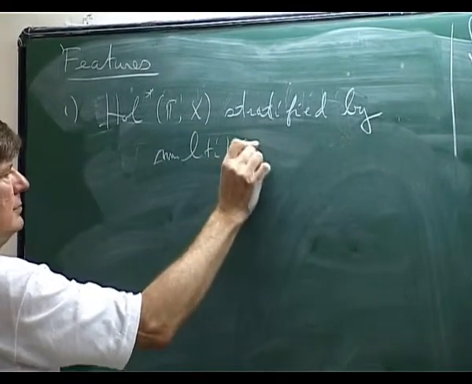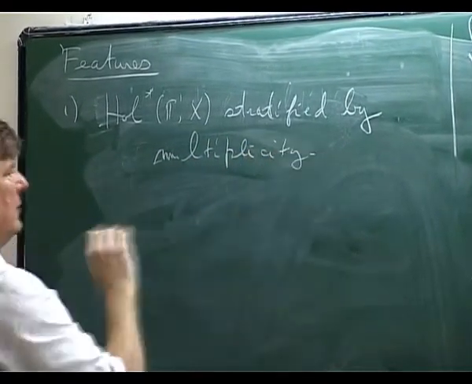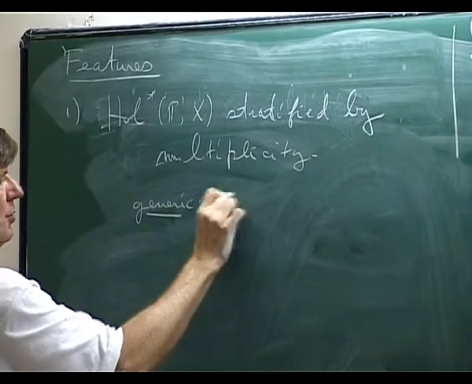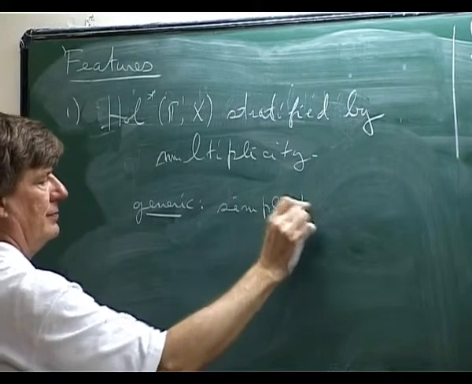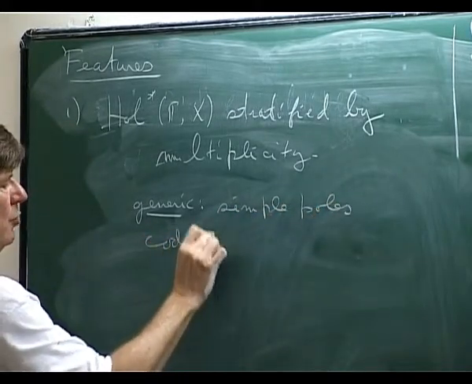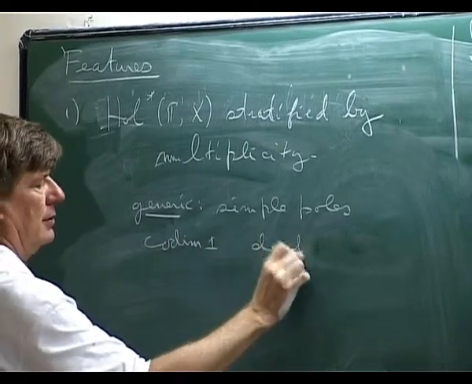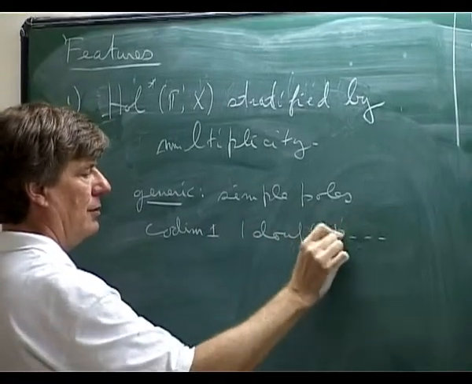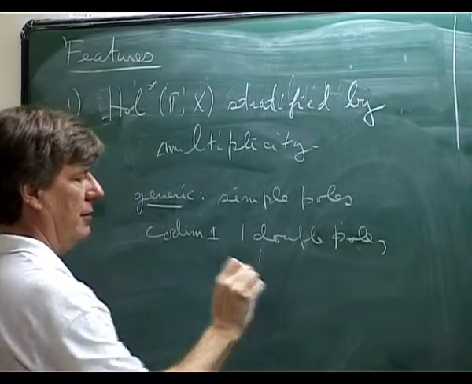So in other words, generic is simple poles. Codimension 1, double poles, or one double pole, and so on. Okay.